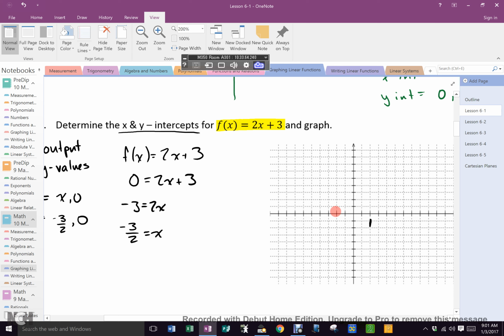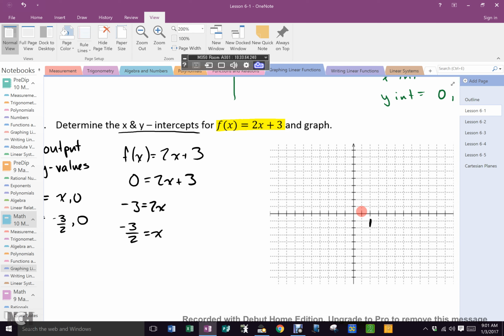So where is negative 3 halves on the x? To the left, how many squares? No, 3 halves. That's 1.5, Sammy. So how many squares? Boys, it's not 3.5.